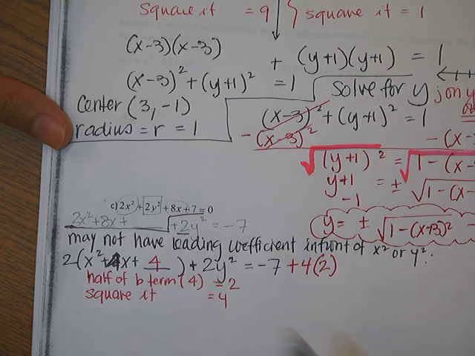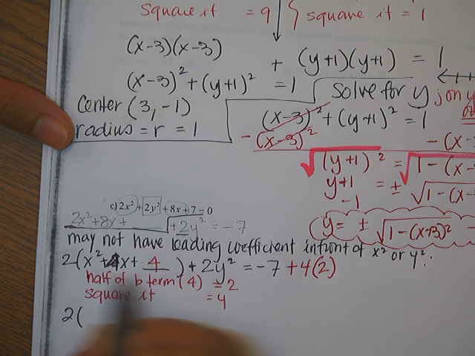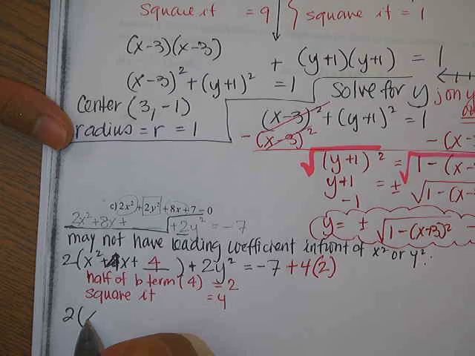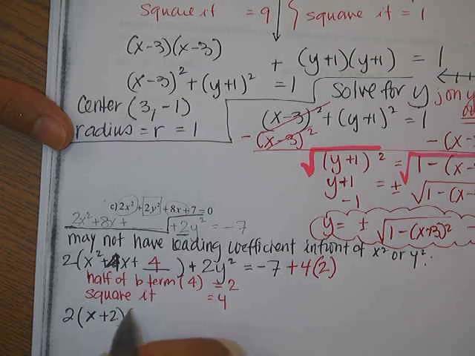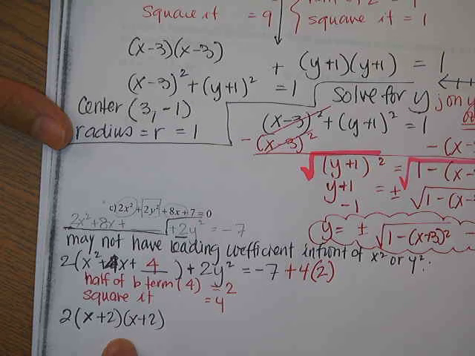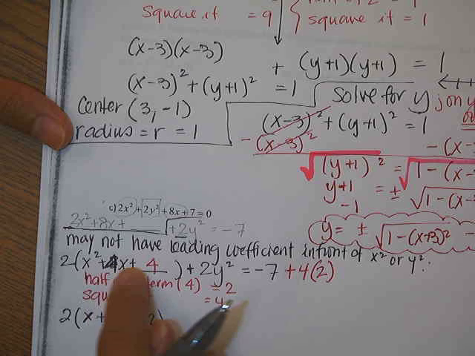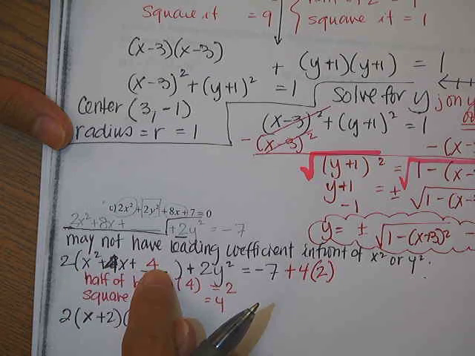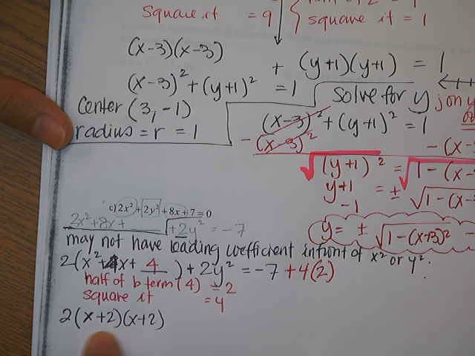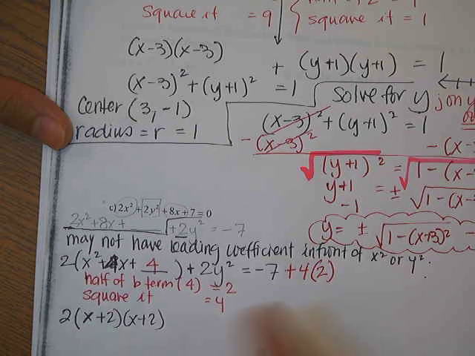So now that we have this piece, we need to factor out this trinomial. Just like earlier, this comes out to be x plus 2 times x plus 2, because when you factor out, they're identical. Your job right here is to find the perfect trinomial. That means when you factor it out, it has 2 identical factors.